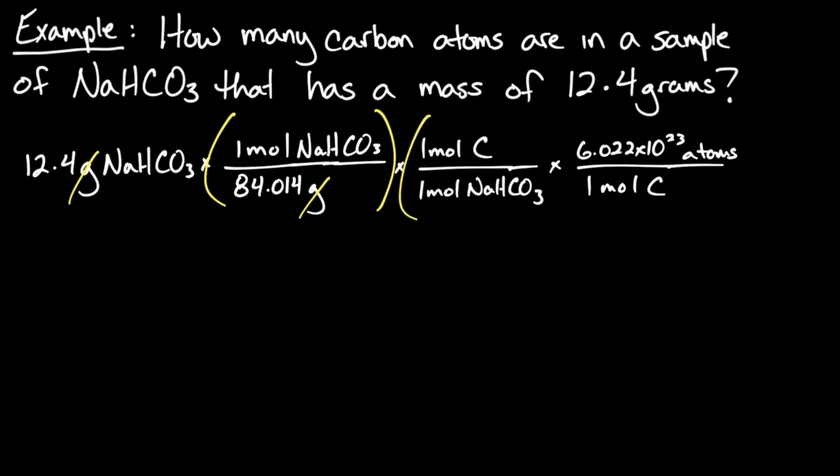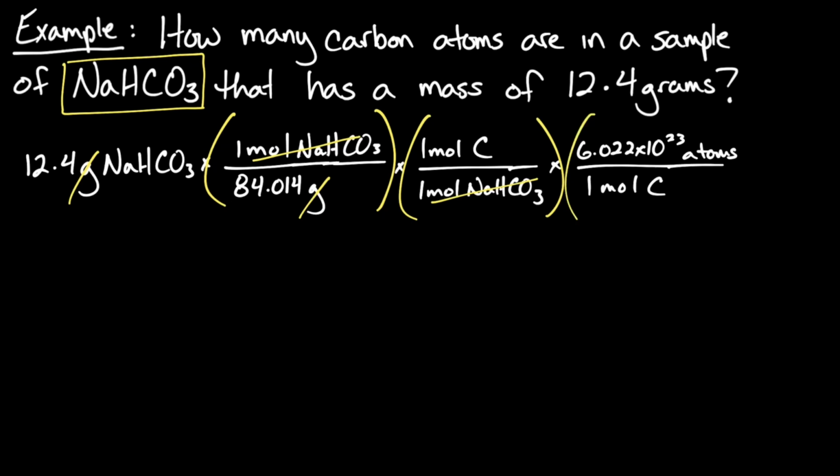The second conversion factor here, 1 mole of carbon over 1 mole of NaHCO3, comes from the chemical formula, right? We showed this as equivalent fractions in our last couple of examples. We could also write this as a conversion factor like this. So again, notice we put moles of NaHCO3 on the bottom so that we can cancel those out. And after the second step, we're in terms of moles of carbon.